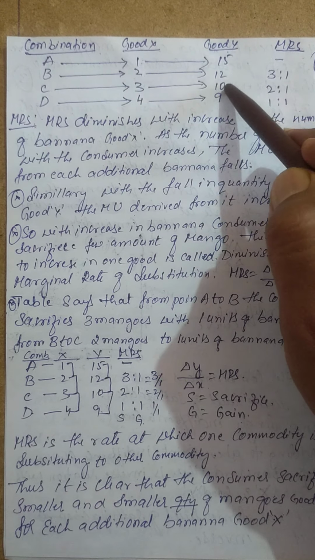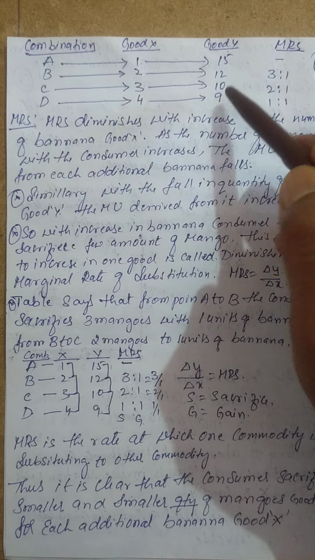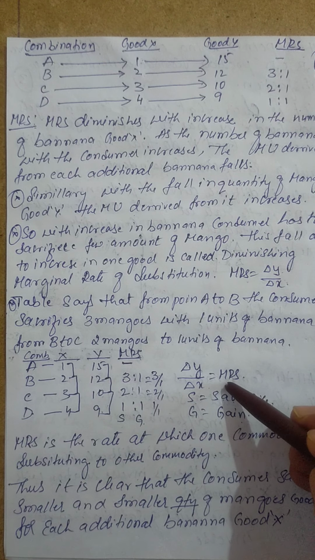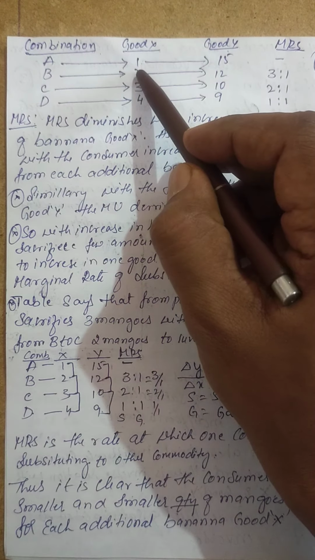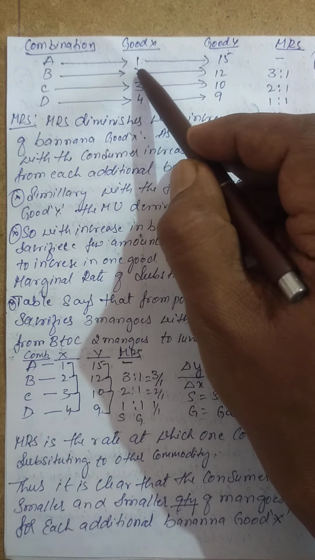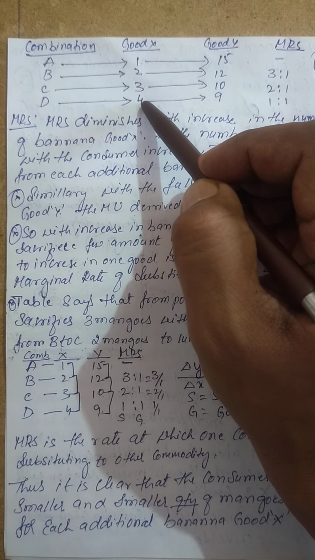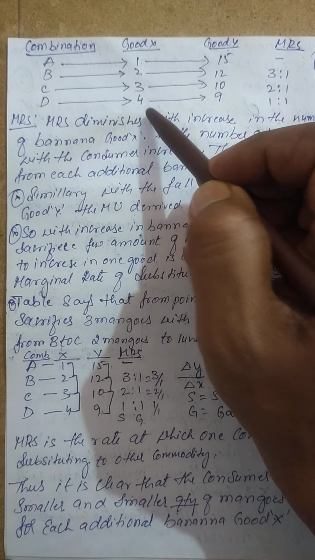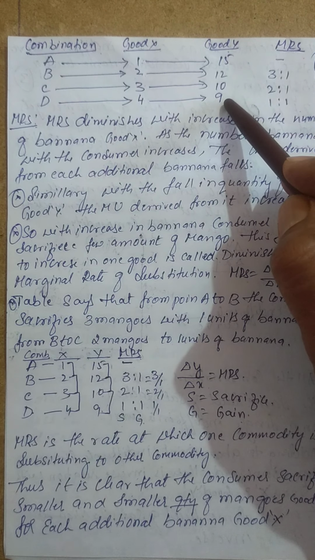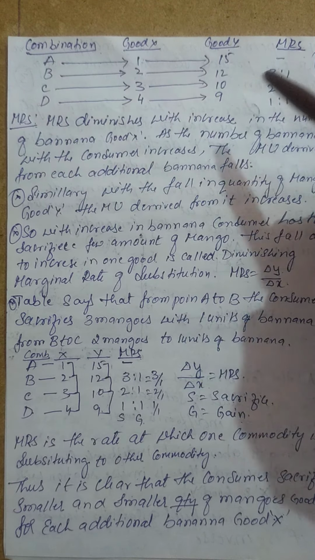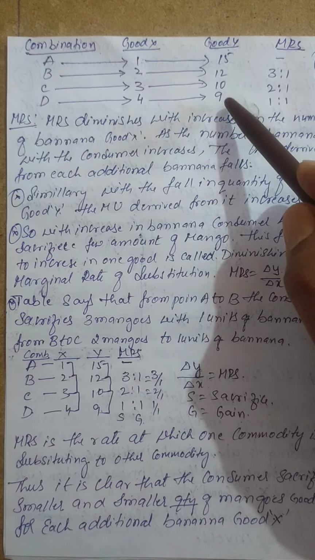These are the changes taking place in delta Y. The same thing happens with the changes in delta X: 1 to 2, 2 to 3, 3 to 4, it is increasing. So this is increasing, this is sacrificing.